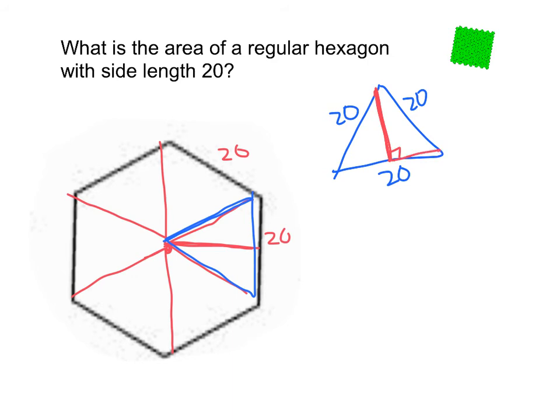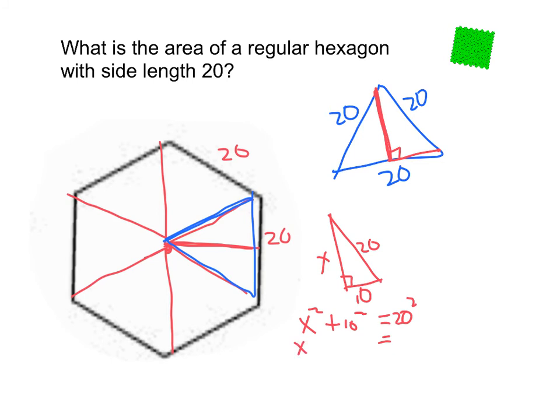So then I'm looking at a triangle where I don't know this height, but half of the base is 10 and the long side is 20. So I could use the Pythagorean theorem to find that height of the blue triangle. We'll get x squared plus 10 squared is 20 squared.